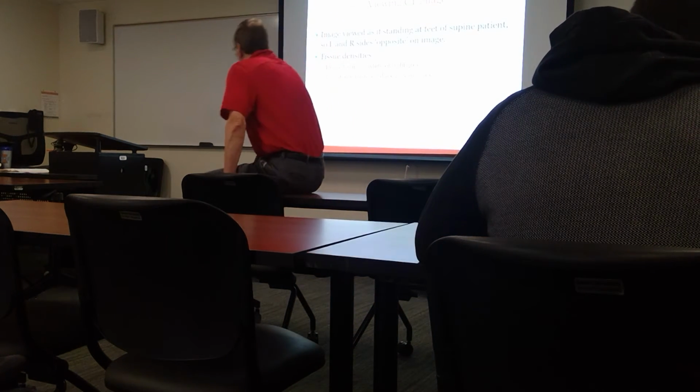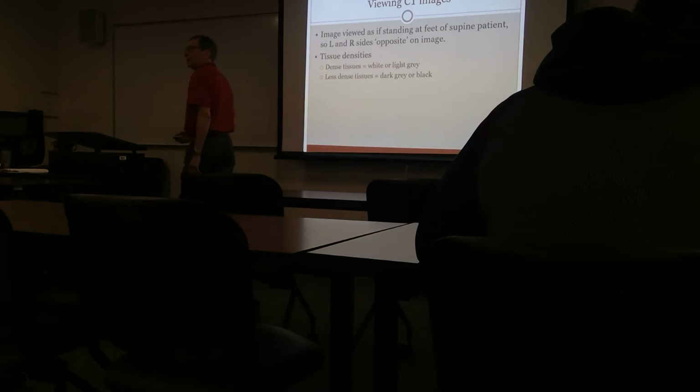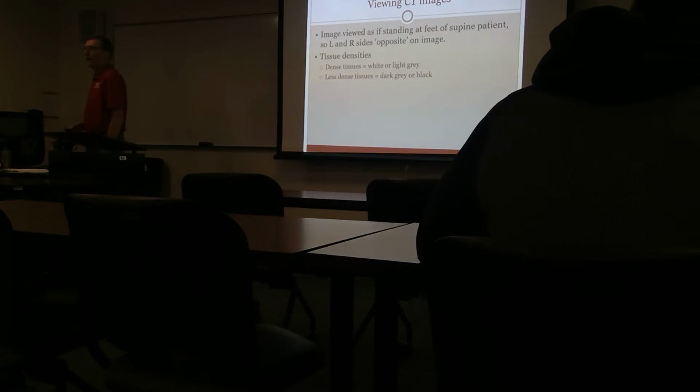So what you're going to see is left and right sides are opposite. You have to remember that. Because if you're looking up my feet, my right foot's going to be on your left side. Okay? The tissue densities vary. Denser tissues are going to be white to light gray, and less dense tissues are going to be dark gray or black. Similar to what happens with radiographs.